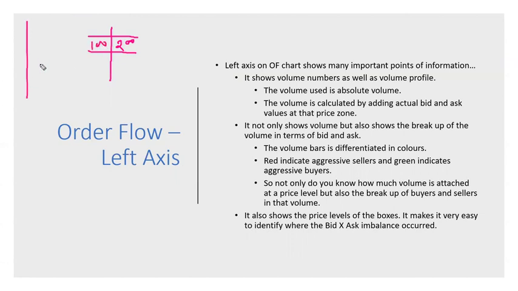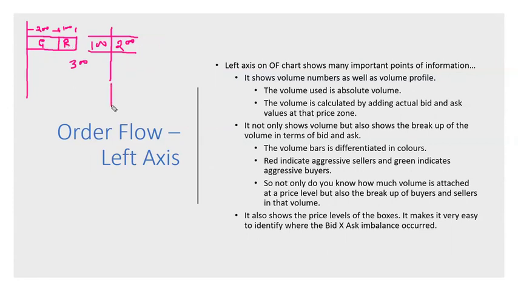This histogram is going to plot the total number, that is 300, but in different colors. So this will be 200 aggressive buy orders plotted in green. From this to this point, it will be 200. And from this to this point, it will be 100. That is aggressive sell orders, and it will be plotted in red.